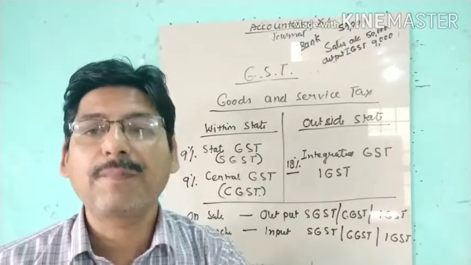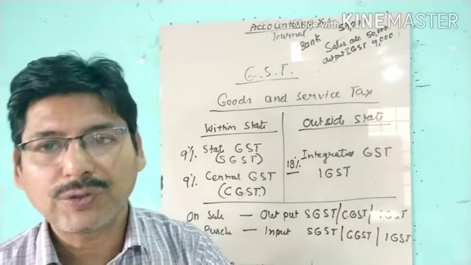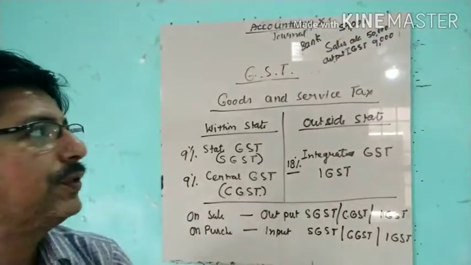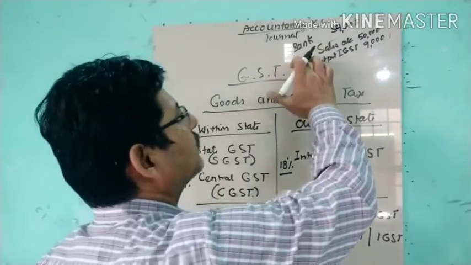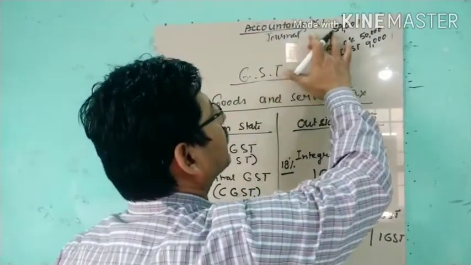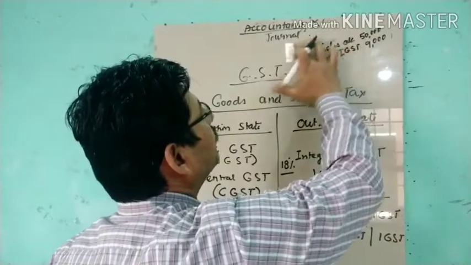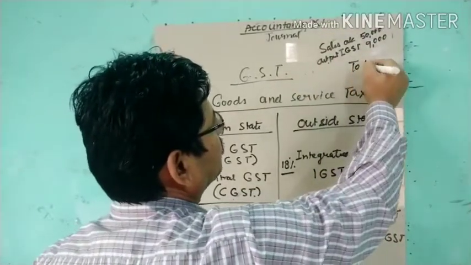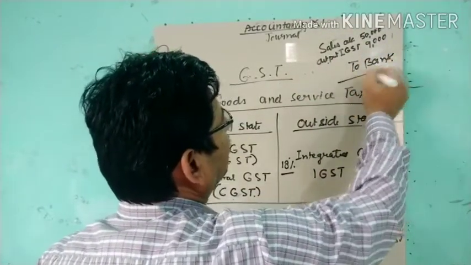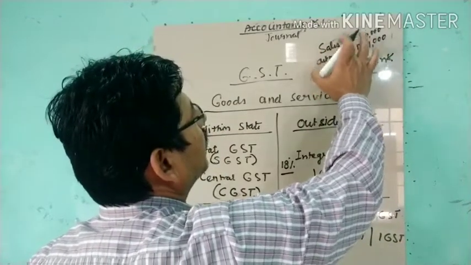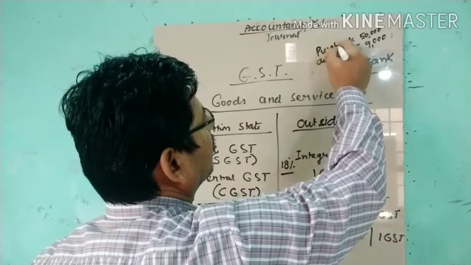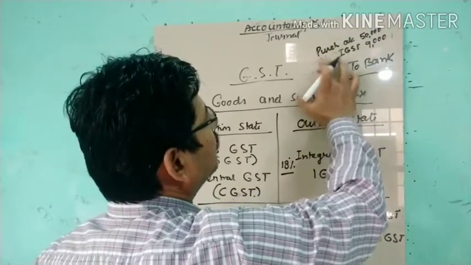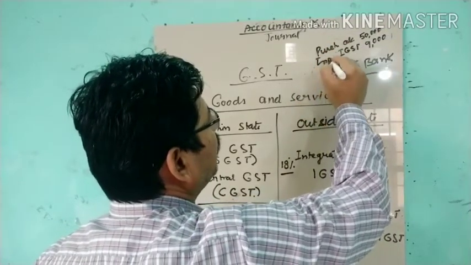And if we are buying, what should the journal entry be? As we have told you just now, if we are buying, then we are paying the amount, so to bank, and here the sale will be purchases account, and this output will change into input.